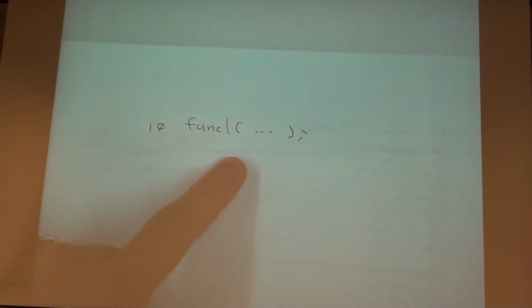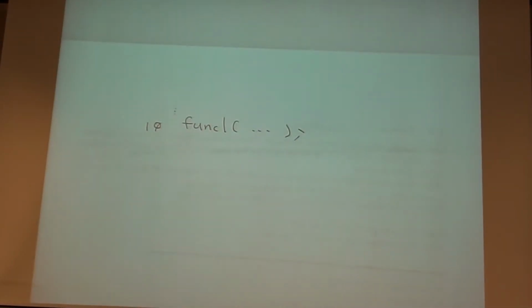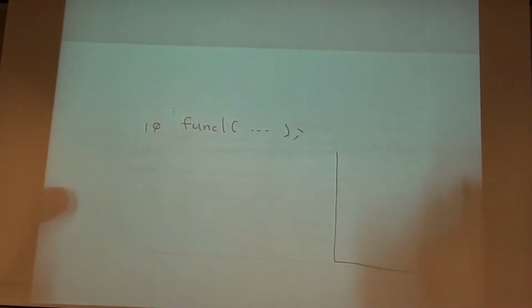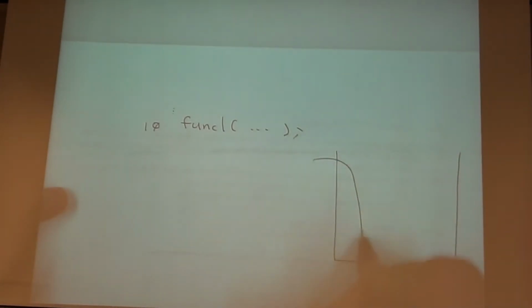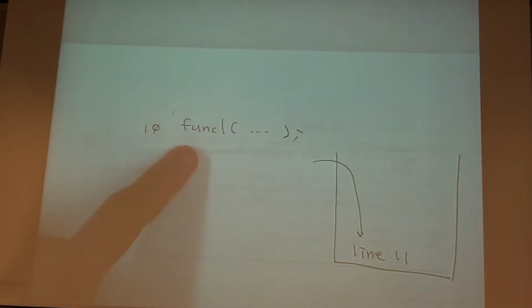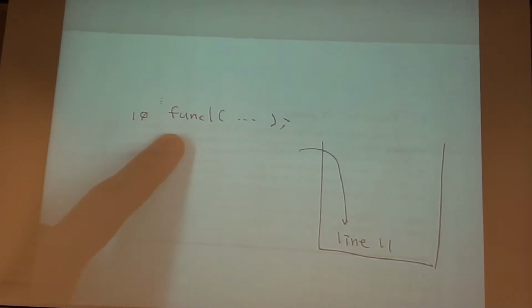I said when you call a function, the call stack will remember line 11, because that's the place where the program should continue after the function call. Right, that's what I said on Tuesday.